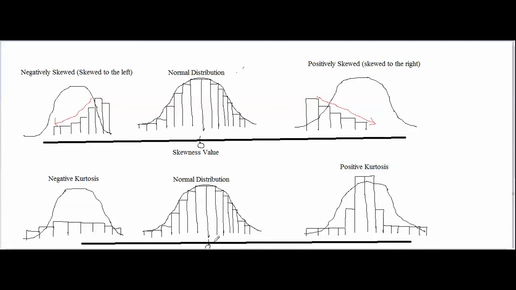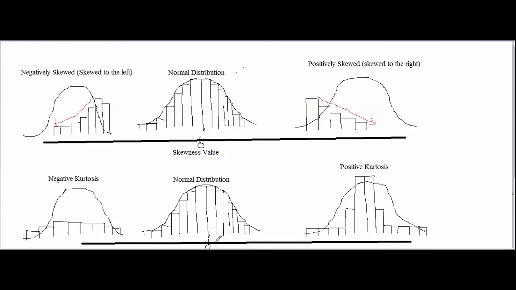If the kurtosis value comes out to a positive number, your data has a positive kurtosis. And the further the kurtosis value is below 0, the more dramatic of a negative kurtosis you have, and the further the kurtosis value is above 0 out here, the more dramatic of a positive kurtosis you have.